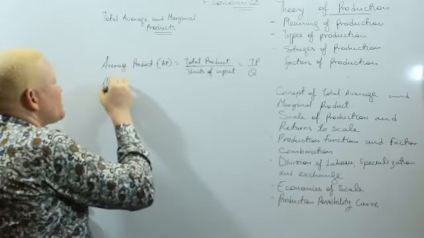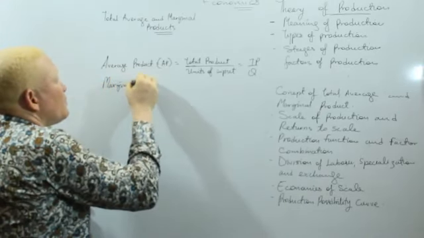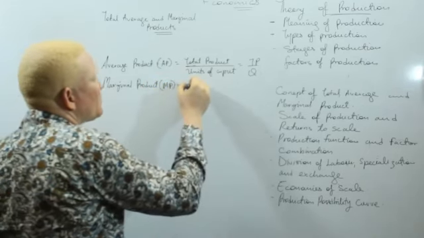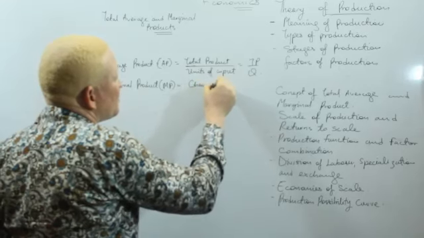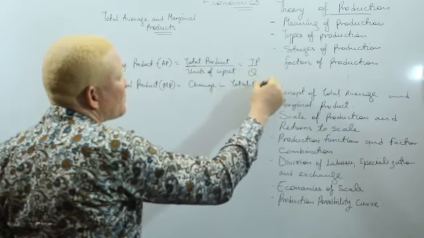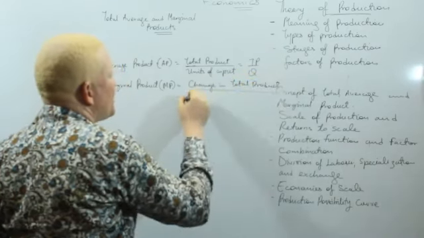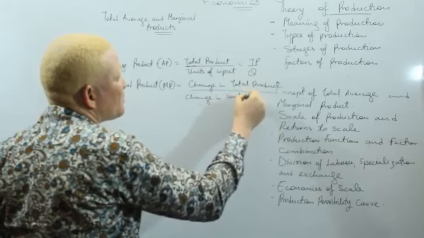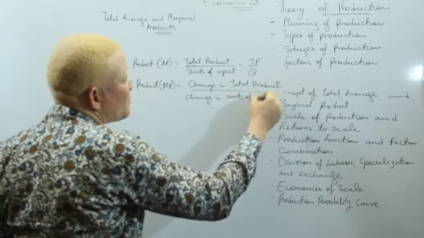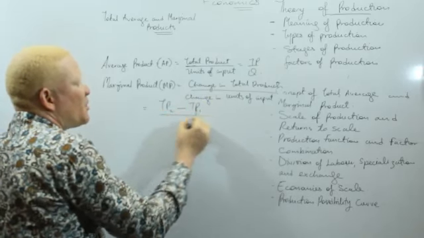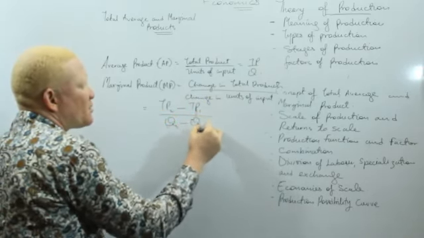And marginal product, MP, is equal to change in total product divided by change in units of inputs. That is, we have TP2 minus TP1 divided by Q2 less Q1.